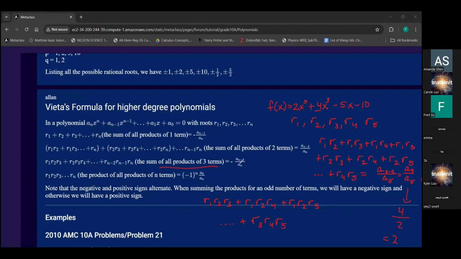Okay, and this is equal to the negative of, remember, n is 5 in this example, so you have 5 minus 3, a of 2 over a of 5.